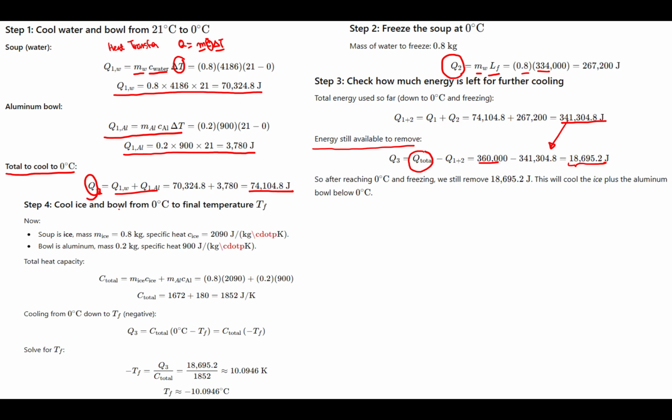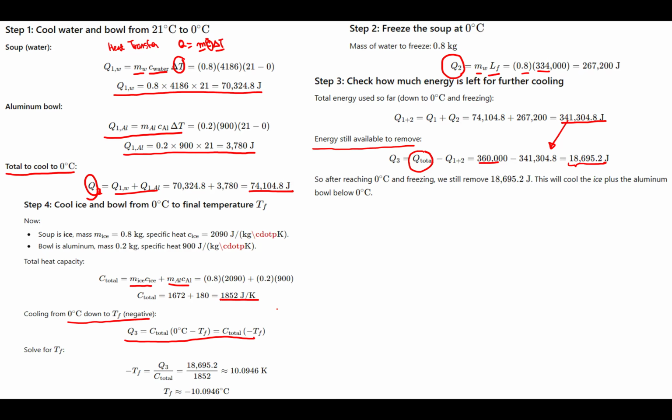So we are going to have the total heat capacity. Now ice and aluminum are both solid, so the total heat capacity is given by the mass of ice and the mass of aluminum times their specific heats, and this is what it is. Cooling from 0 degrees C down to T_f, which we have to find, Q3 is this one.